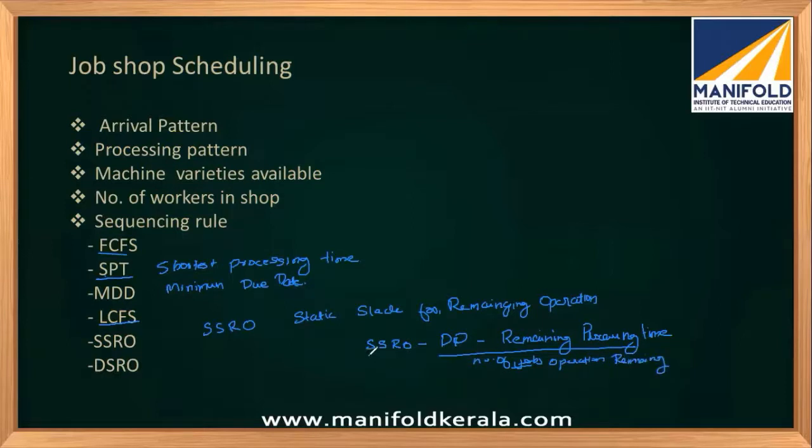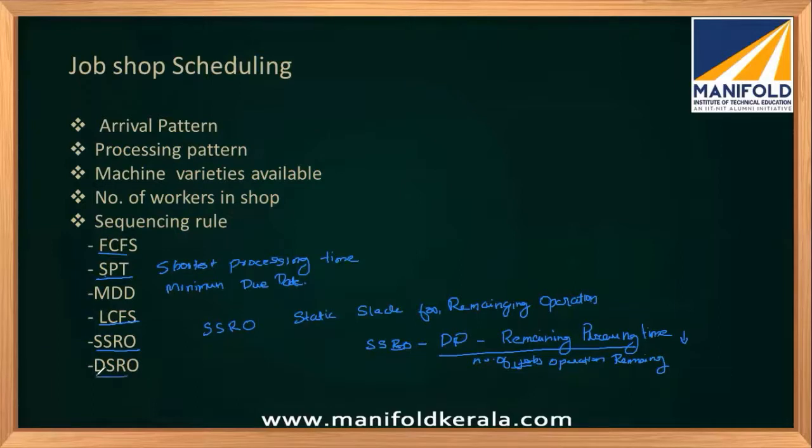This is how you calculate the static slack. You can write just SS. This gives you some value, and based on that value, you will arrange in ascending order to prioritize your jobs.